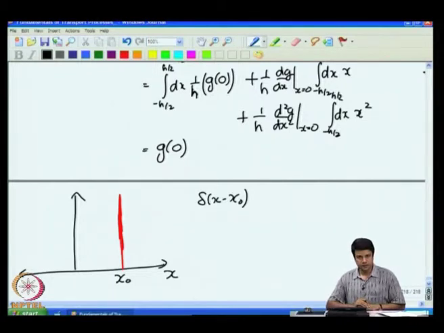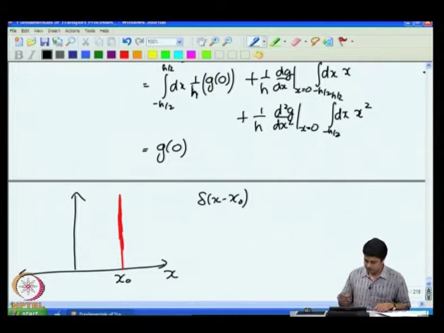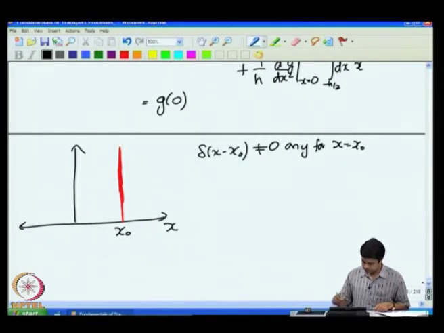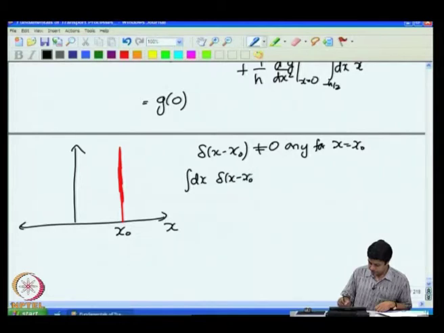So, this has exactly the same properties as delta of x, except that in the case of delta of x, x 0 was exactly equal to 0. So, the same properties carry over here as well. This is not equal to 0 only for x is equal to x naught. Integral dx from minus infinity to plus infinity is equal to 1.